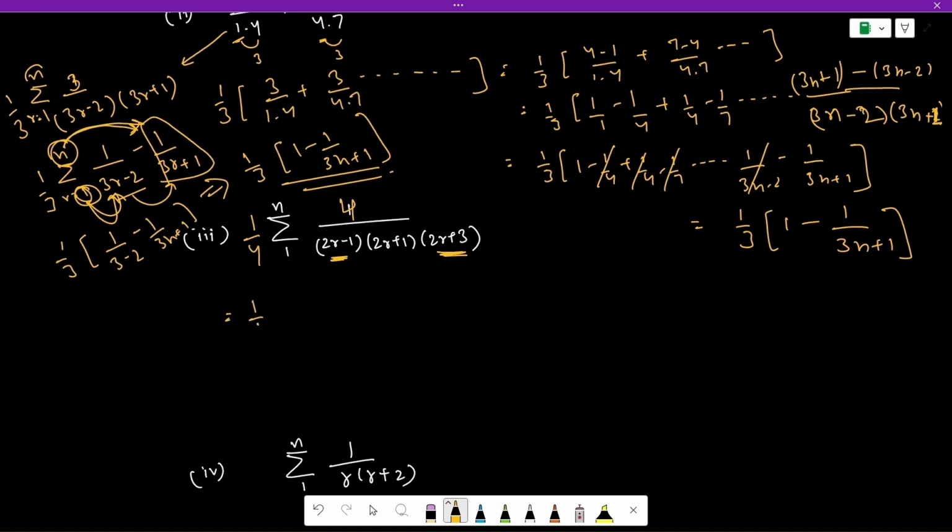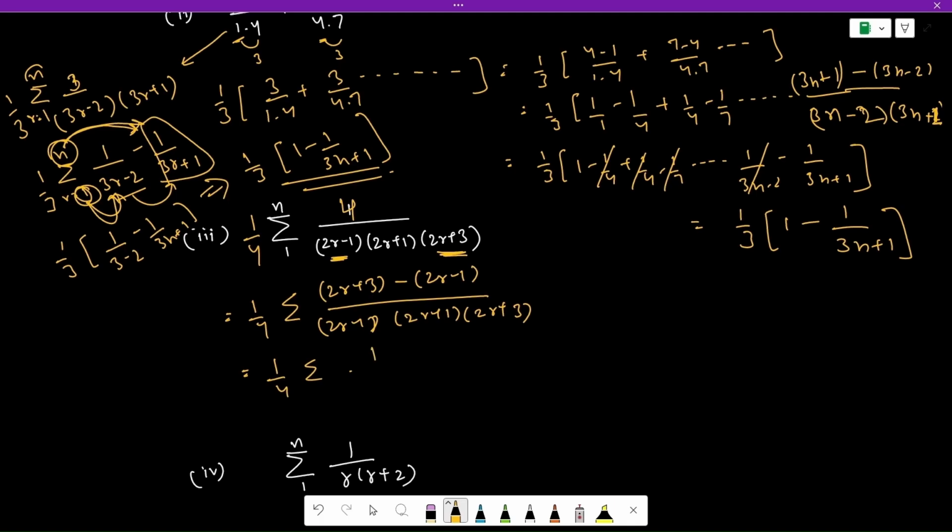So this is equal to 1/4 summation of ((2r+3) − (2r−1)) divided by (2r−1)(2r+1)(2r+3). Then just separate them. So this will be 1/((2r−1)(2r+1)) − 1/((2r+1)(2r+3)).